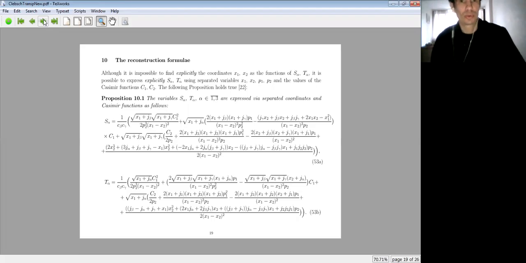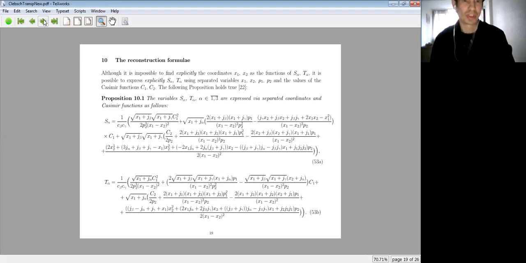In order to be able to solve the equation of motion for the initial dynamical variables, in our case S alpha, T alpha, we have to be able to express S alpha, T alpha explicitly as functions of the separated variables x1, x2, p1, p2, and values of the Casimir functions c1 and c2.